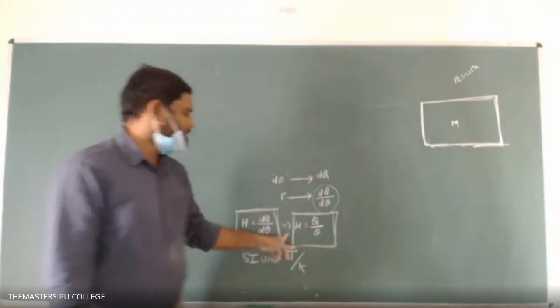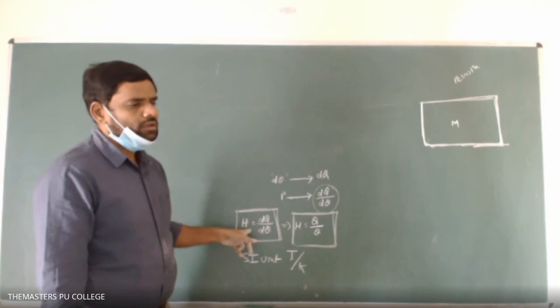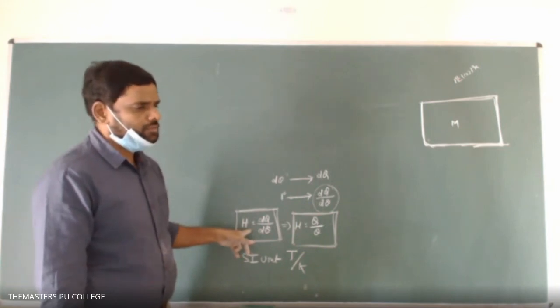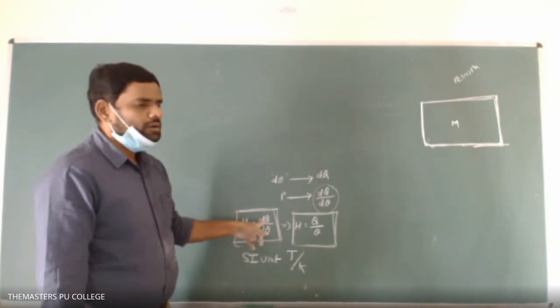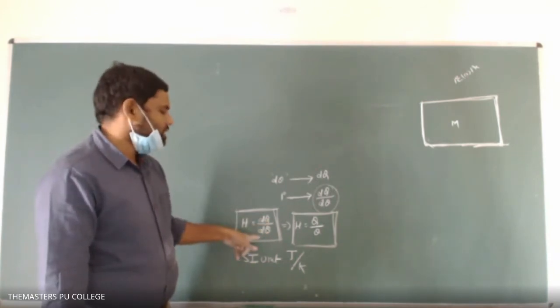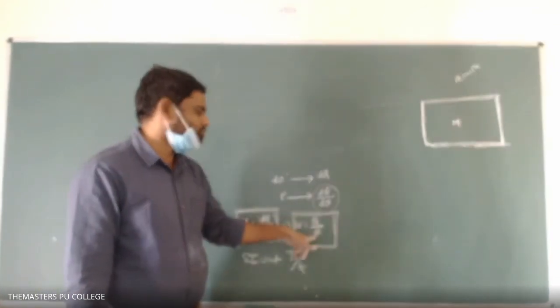Hence heat capacity H is equal to dq by d theta. That can also be written as H equals q by theta.